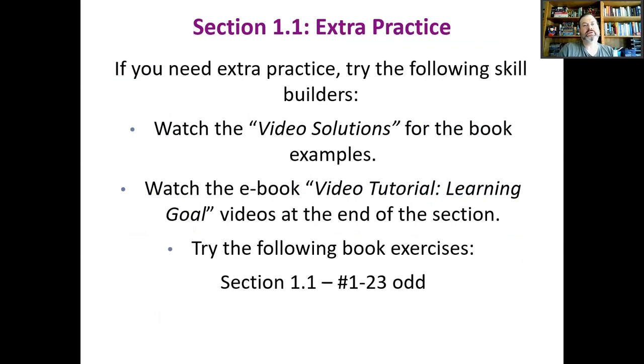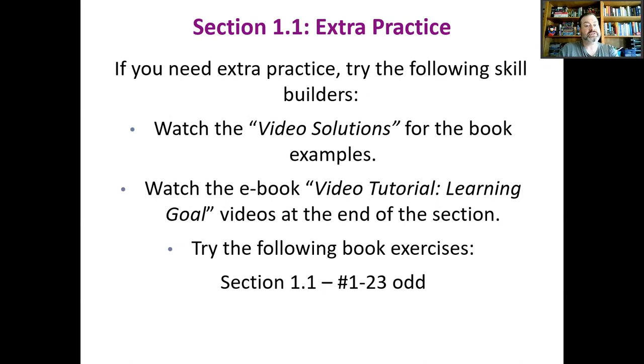And I did include, always the last slide, some extra stuff you guys can work on. Video solutions for the book examples. If you're flipping through the textbook or the ebook, all of the examples come with videos, so those are great. And the video tutorial for the learning goals, I went over that in the previous video.